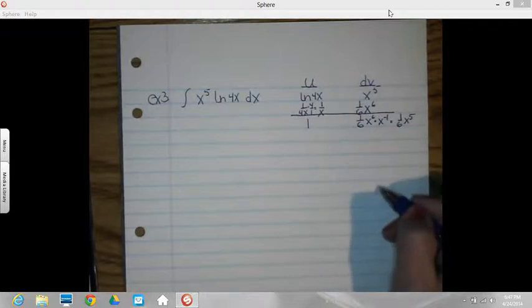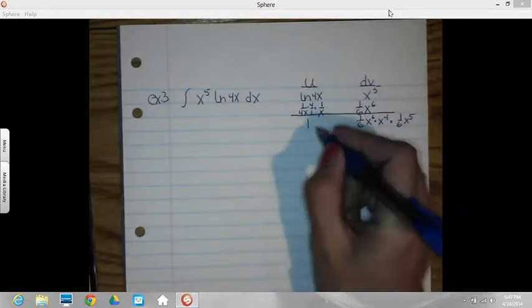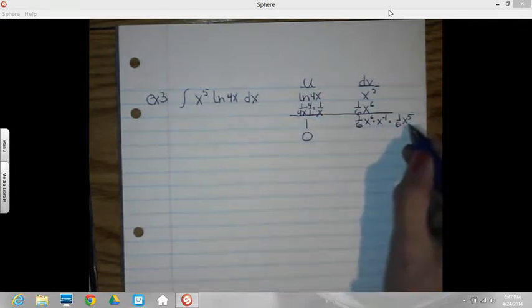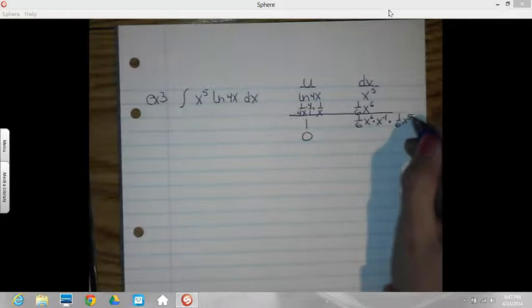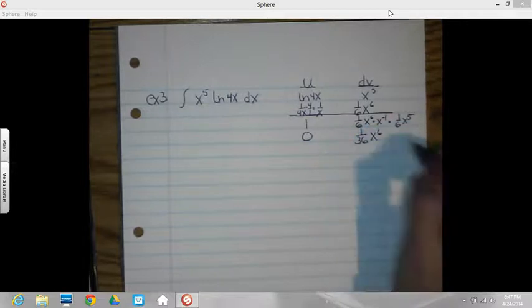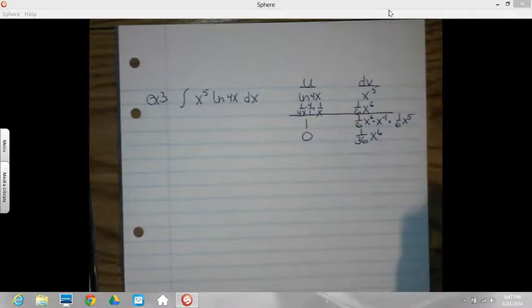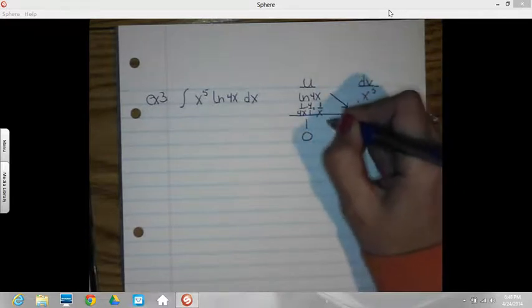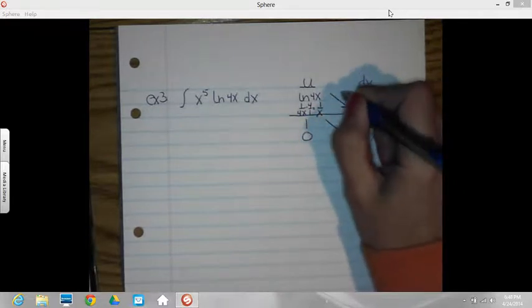Now I have no x's over here, so when I do derivative, I get 0. And now I've got to integrate this. So I add 1, I get 6. Multiply by 1/6. It's going to give me 1/36 x to the 6th. And then here we go. Diagonal. Start here. Skip. Here. Plus. Minus.